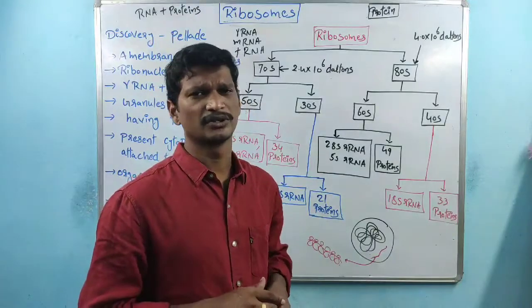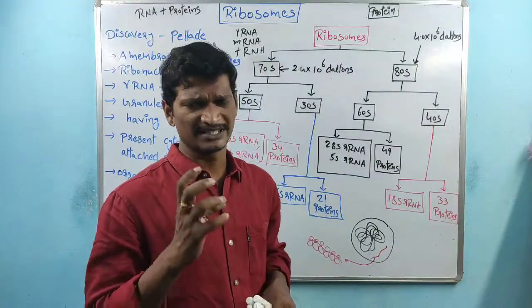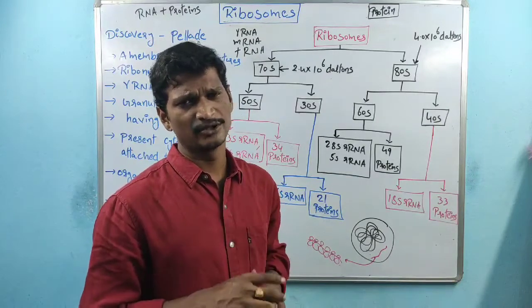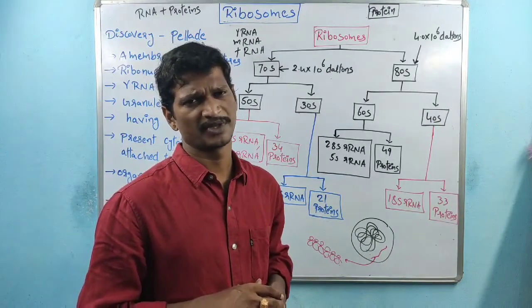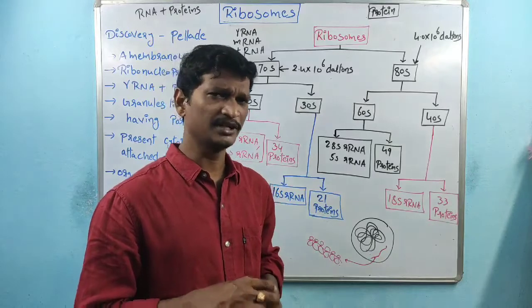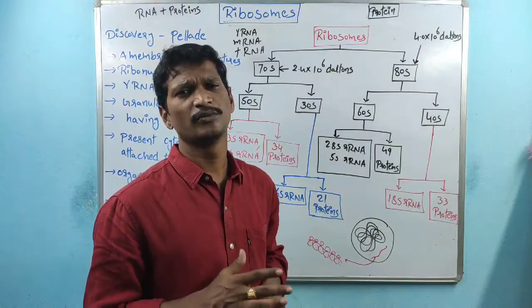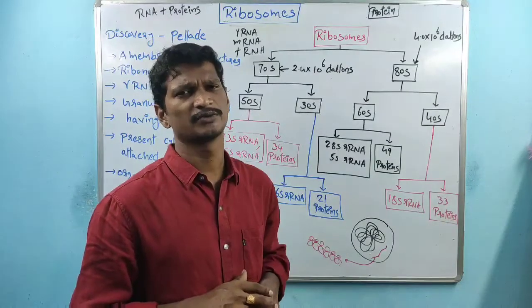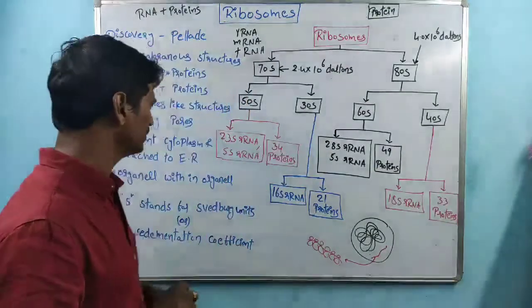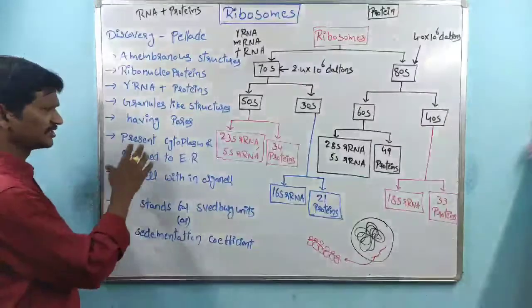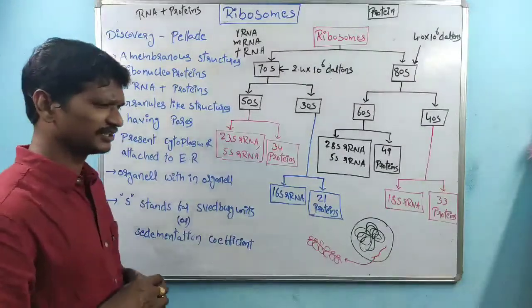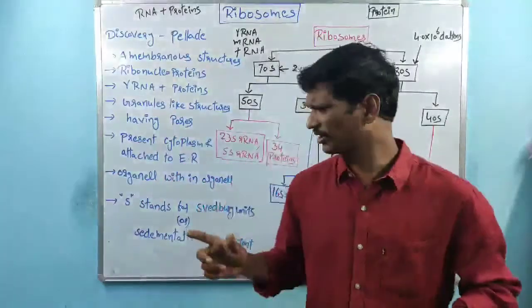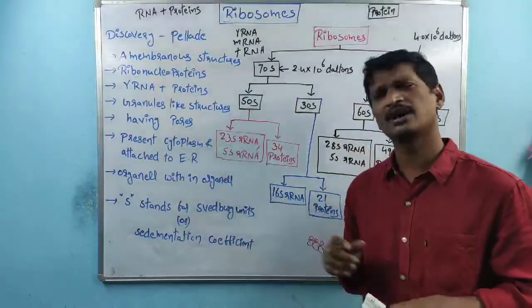But in eukaryotes, within the cytoplasm, some of the ribosomes are bound to the endoplasmic reticulum. That's the reason why that endoplasmic reticulum is called rough endoplasmic reticulum.